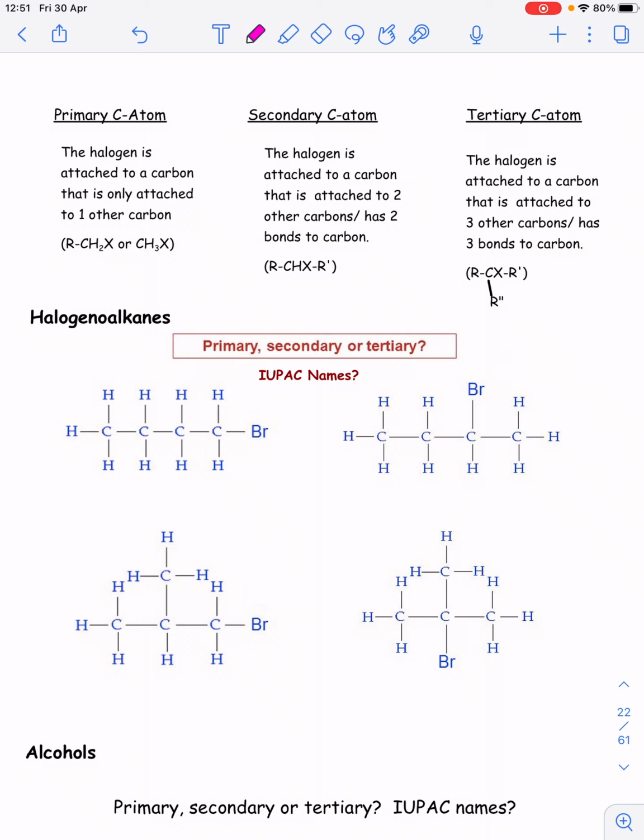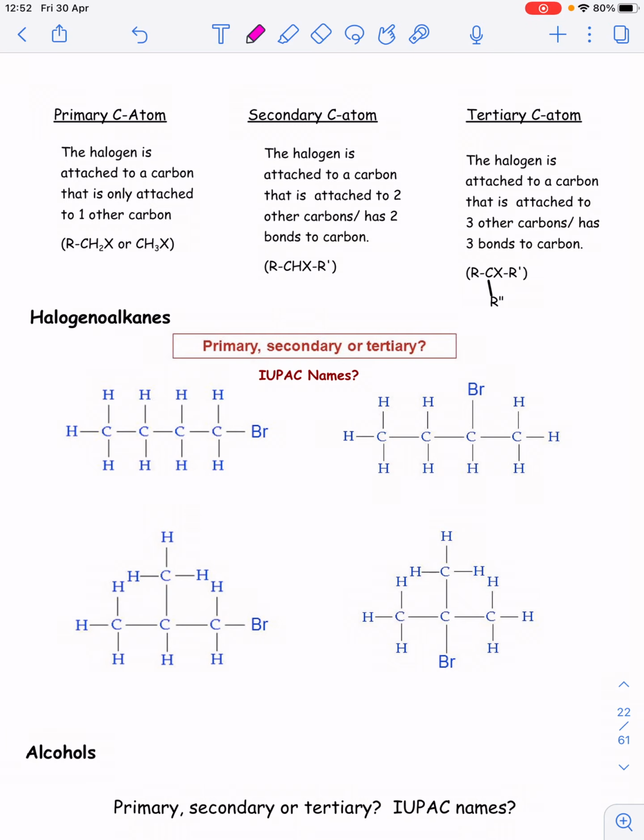We're going to be classifying carbon atoms or types of molecules as primary, secondary, or tertiary, and in a very limited case as quaternary. So the idea is that a primary carbon atom is a carbon that's only attached to one other carbon atom. A secondary carbon atom is one that is attached to two other carbon atoms, and a tertiary carbon atom is attached to three other carbon atoms.